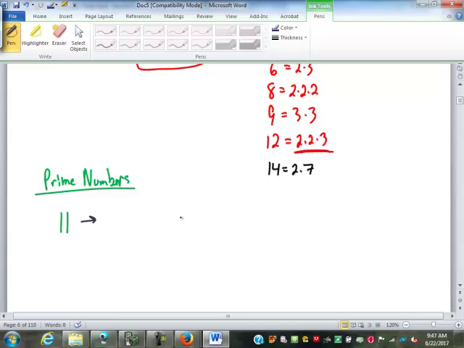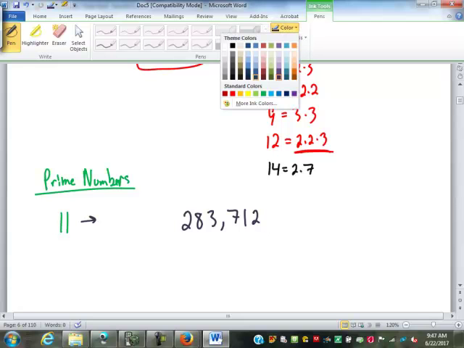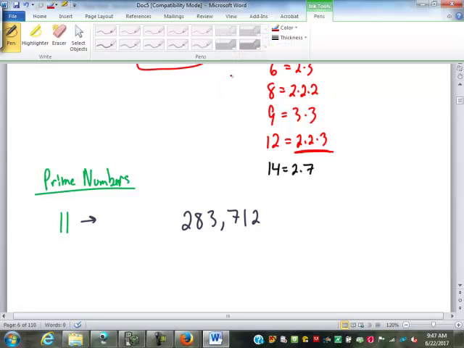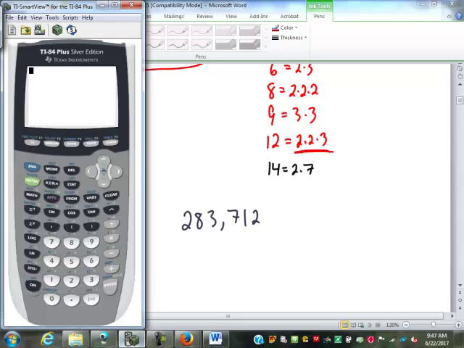Let's start out by taking a number like 283,700 and, well, let's see what I need here. Let's go 12. First of all, I'm going to take my calculator and I'm going to test it.